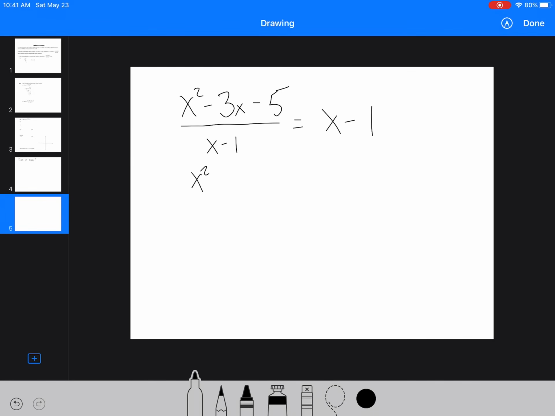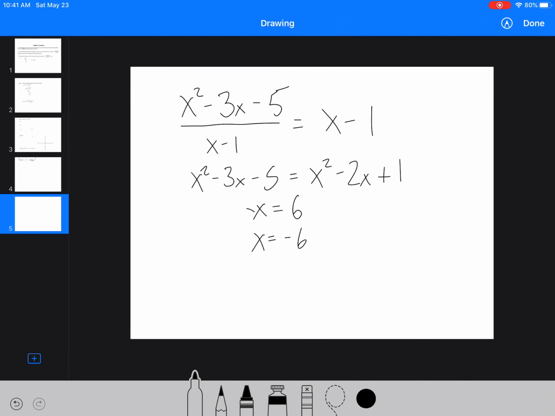Well, I'm going to get x squared minus 3x minus 5 equals x squared minus 2x plus 1. Now when I simplify it and move all of the x's to the left, I would have negative x equals 6, and x equals negative 6.